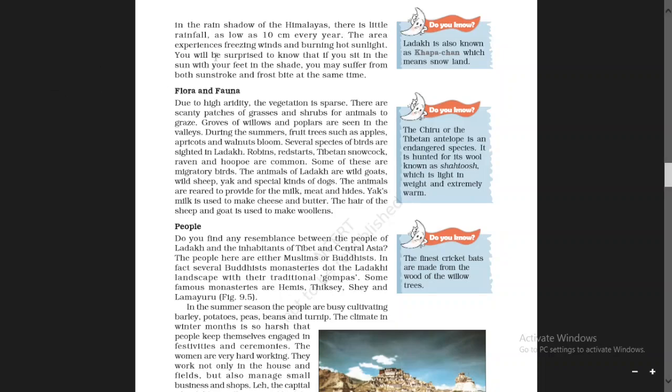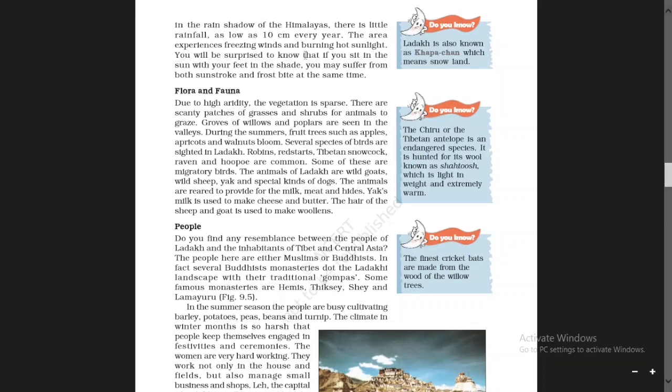The area experiences freezing winds and burning hot sunlight. So in those areas, boys, it experiences freezing winds, meaning below 0 degrees Celsius winds, and burning hot sunlight.